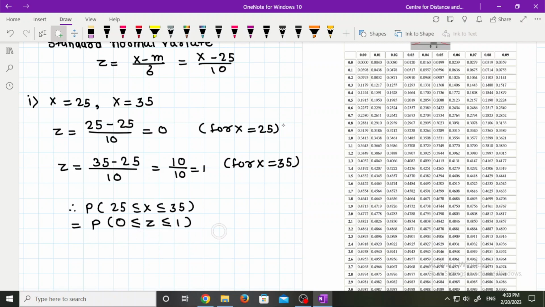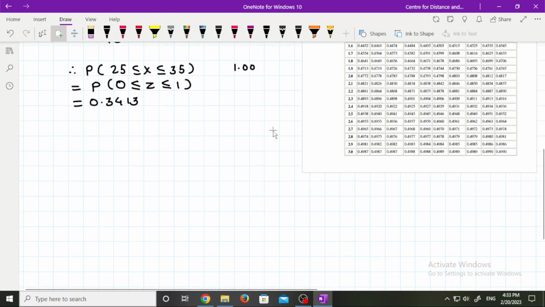Then the value of 1, which can be written as 1.00, for the value of 0.00, is 0.3413.